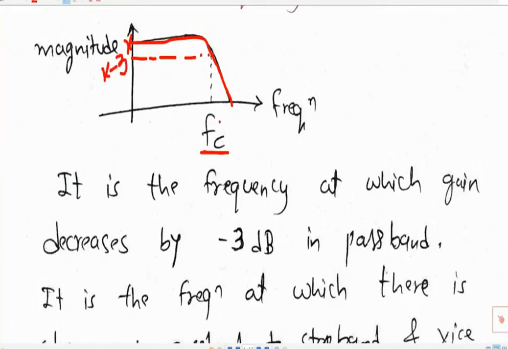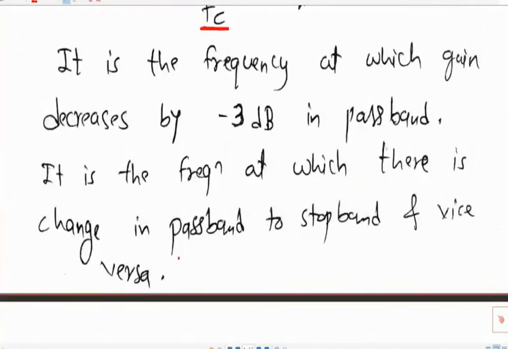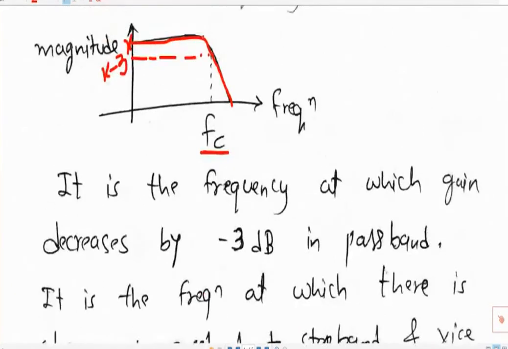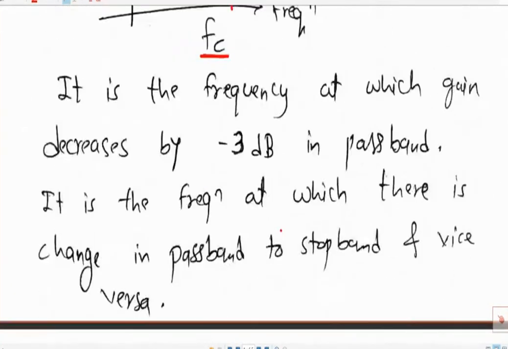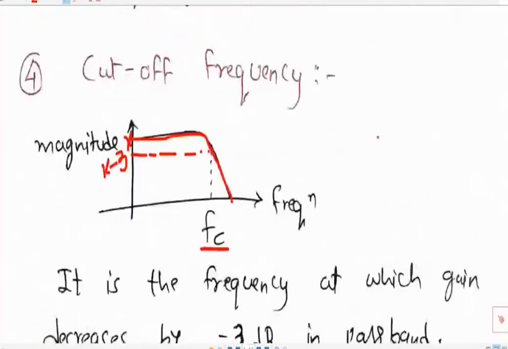The x-axis is the frequency. It is also the frequency at which there is a transition from pass band to stop band, and vice versa. If it is a high pass filter, we go from stop band to pass band, and here is the cutoff frequency.